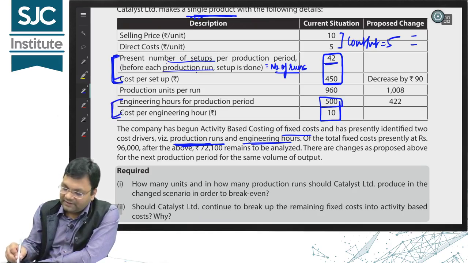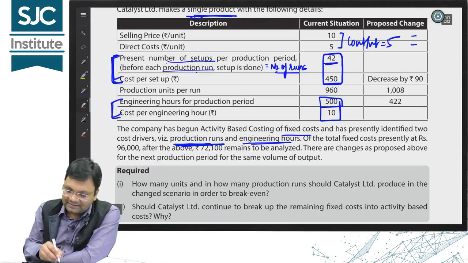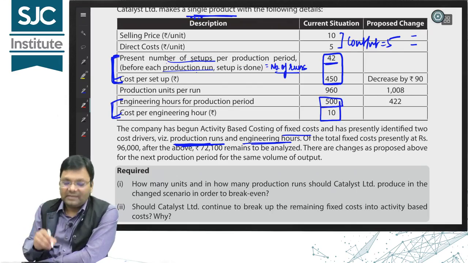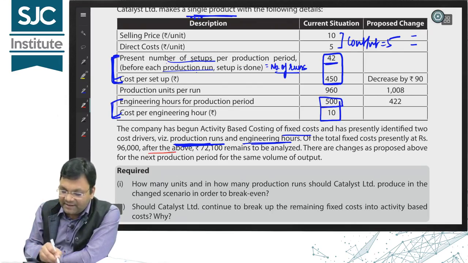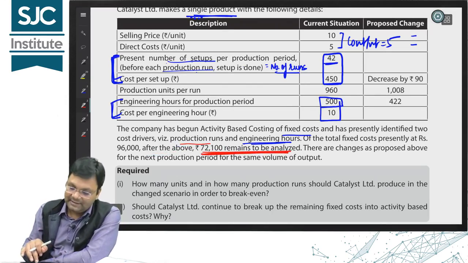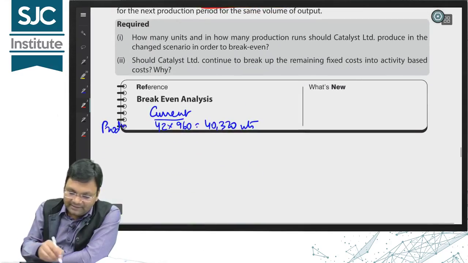Of the total fixed cost, presently rupees 96,000, after the above, 72,100 remains to be analyzed. Remains to be analyzed means it is still unanalyzed. So in the current system total fixed cost is 96,000.